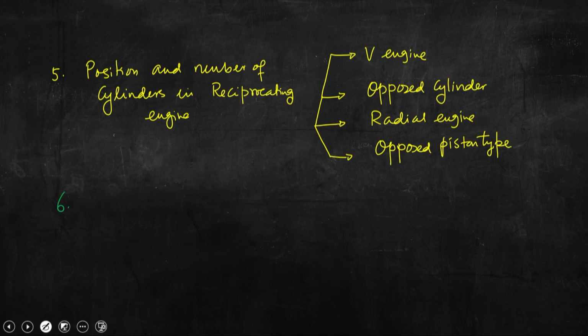Then the sixth is air intake process. This particular type is not applicable to any specific type of engine. So, air intake process, again if we look at the sub classifications, we can classify into several sub categories.